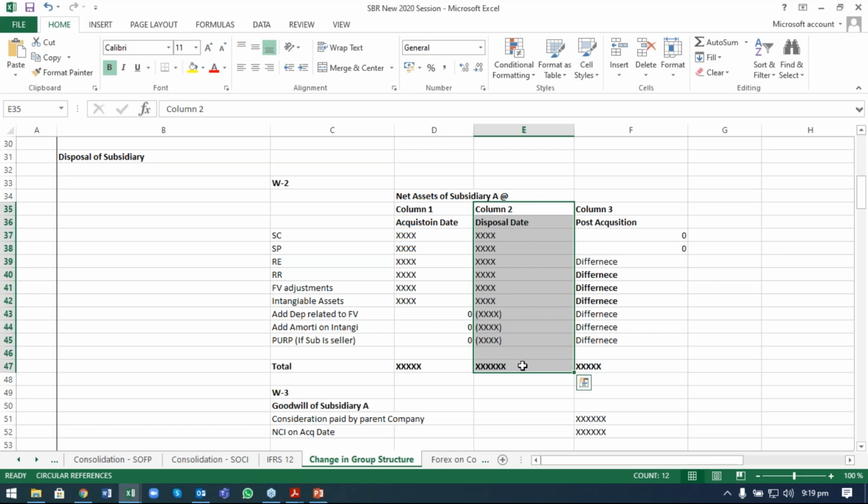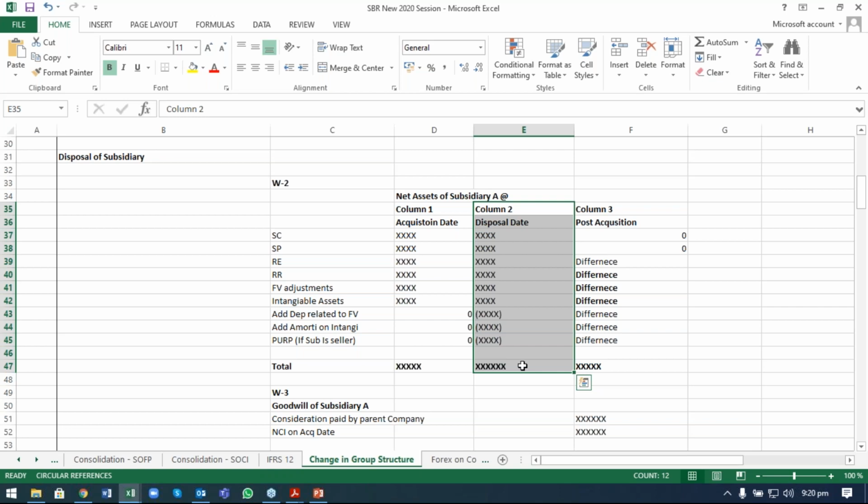One thing is the net assets of the subsidiary. It means you are adding all the assets of the subsidiary to the assets of the parent, and all the liabilities of the subsidiary to the relevant liabilities of the parent company. So ultimately we have added the net assets of the subsidiary within the net assets of the parent.